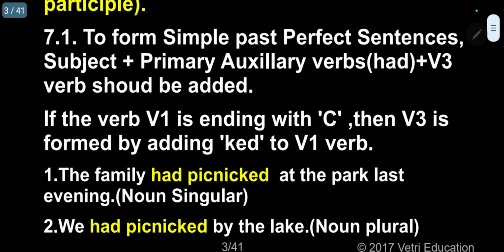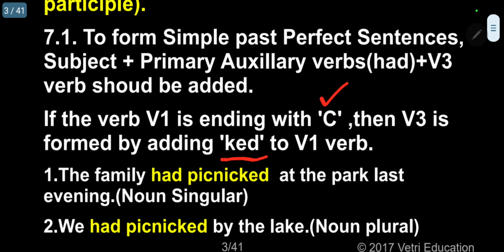Here, to form simple past perfect sentences, the first rule, I can say here, if the verb V1 is ending with C, then V3 is formed by adding KED to V1 verb.